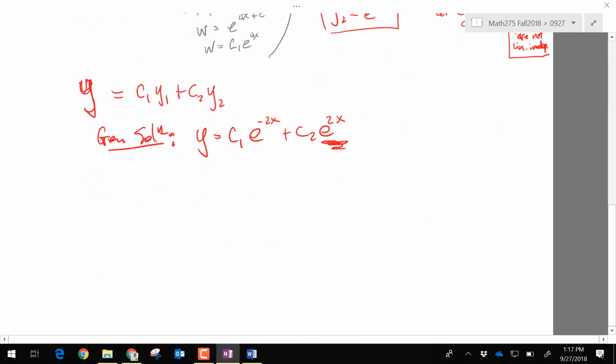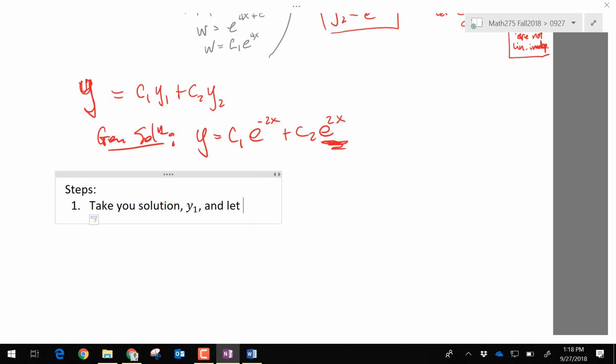Is that worth putting into a step-by-step process? All right, so what are the steps? Okay, so take your solution, y1, and let a new y equal u times y1.